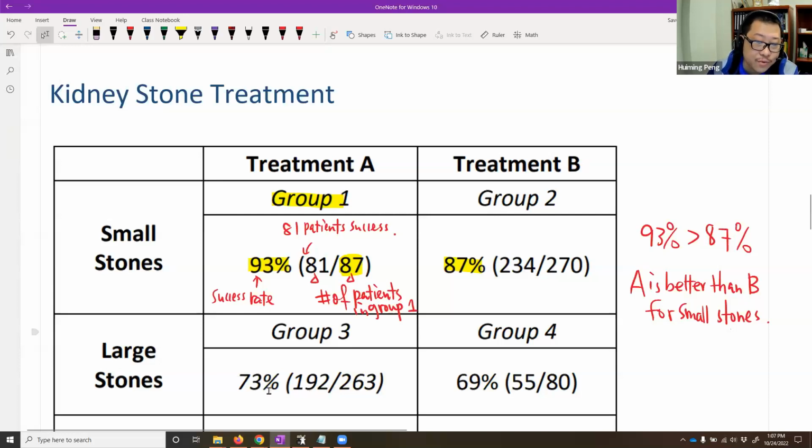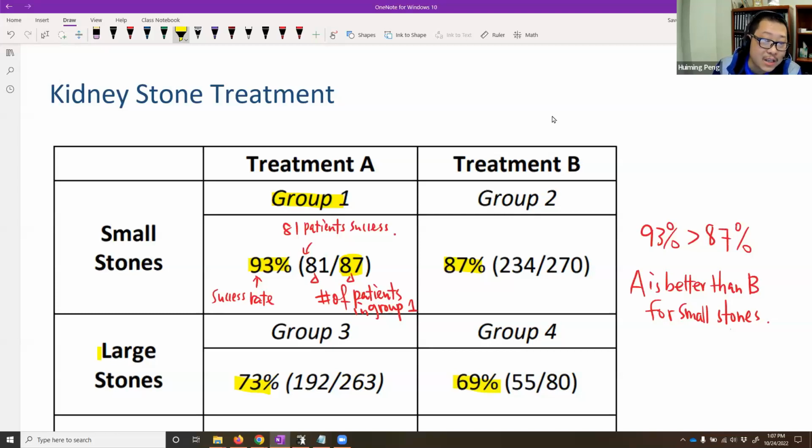The success rate is 73%. 73 is not a good number. However, group 4 is even worse: 55 successes out of a total of 80, and the success rate is 69%. Can you see? We get the same conclusion. 73 is higher than 69.